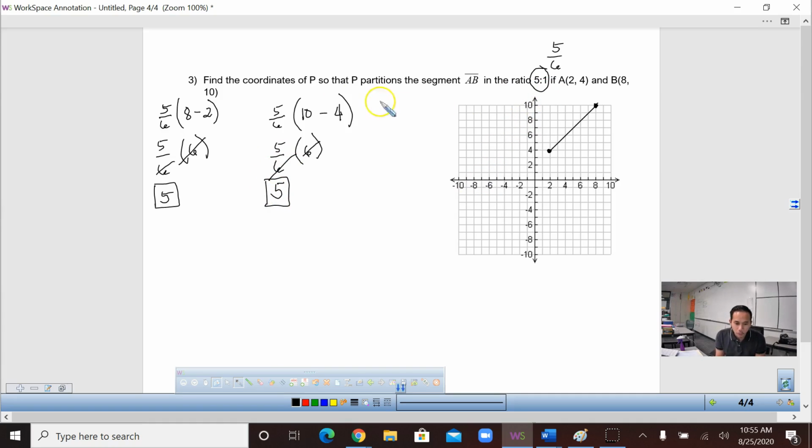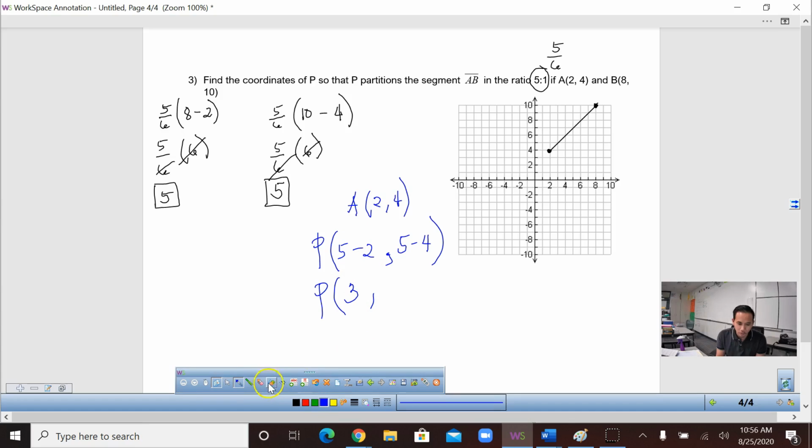So the point that partitions the segment AB in the ratio of 5:1. For your A, I'm going to use blue. A is (2, 4). So your point P is 5 plus 2, comma, 5 plus 4.